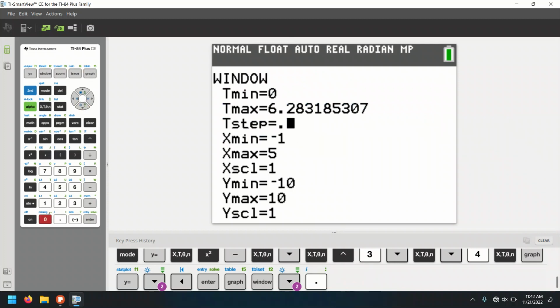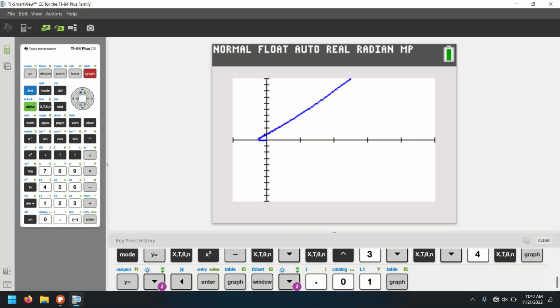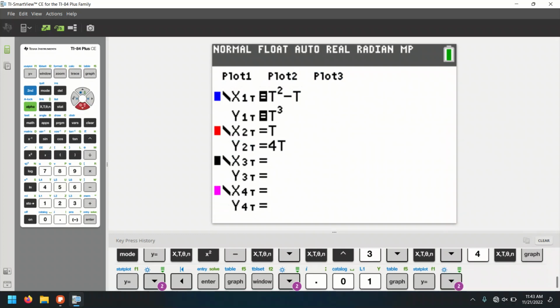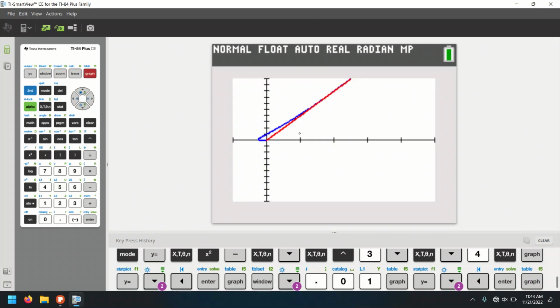Let me do 0.01 and graph. Actually, it went from left to right. Let me graph as well. All right, that's going to show this time. And notice at the point 2, comma, 8, here is where we have the point of tangency.